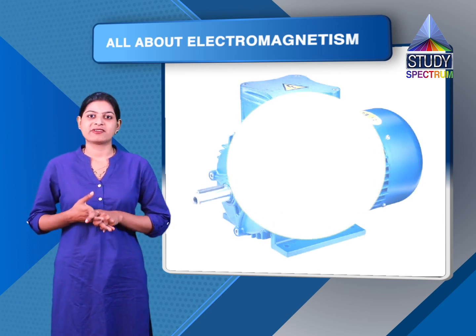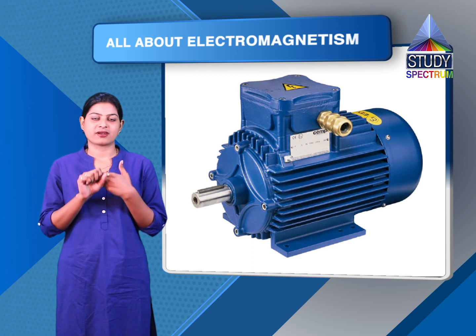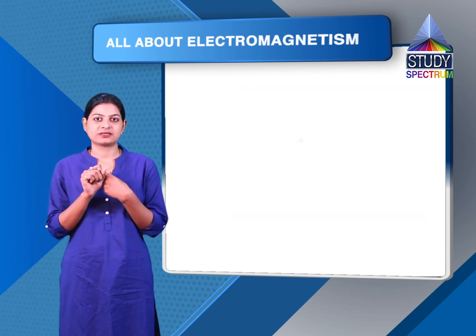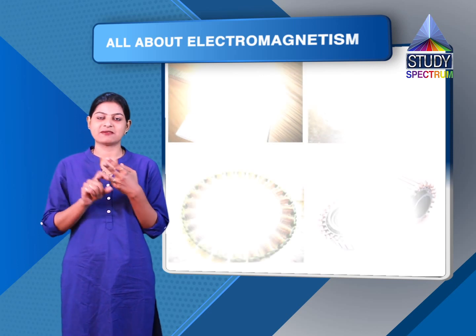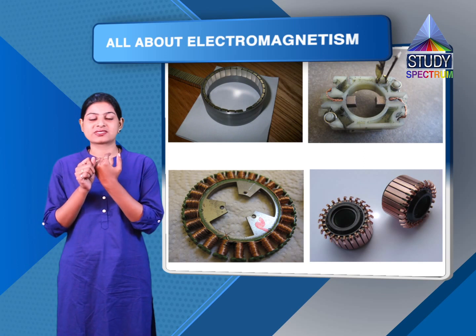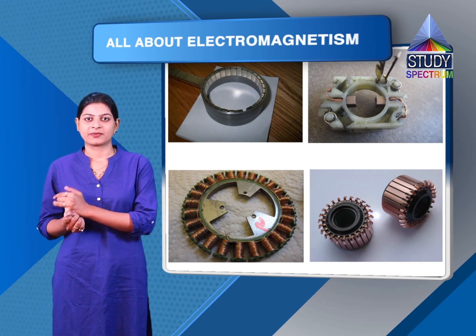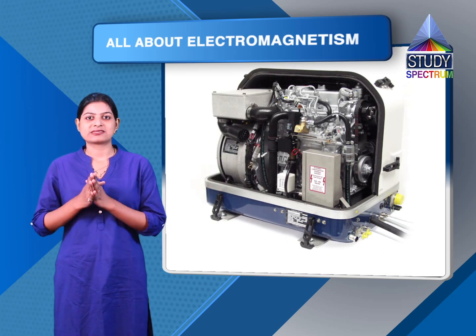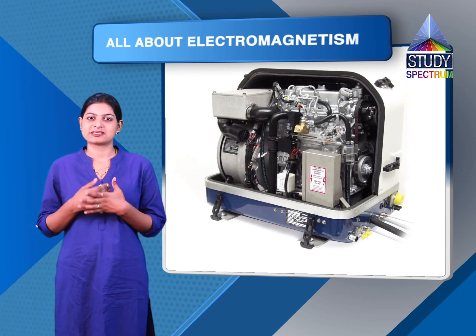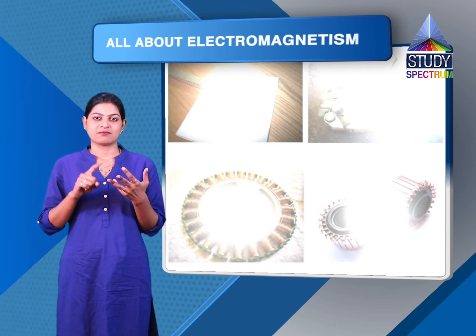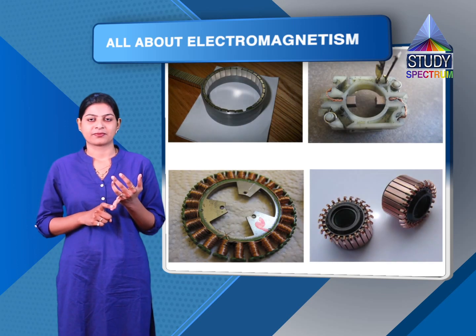In an electric motor, we had three major components: the brushes, the commutator and the magnet, and also a coil which was converted into a magnet. In the same way, an electric AC generator also consists of the same components: commutator, brushes, magnets and coil.